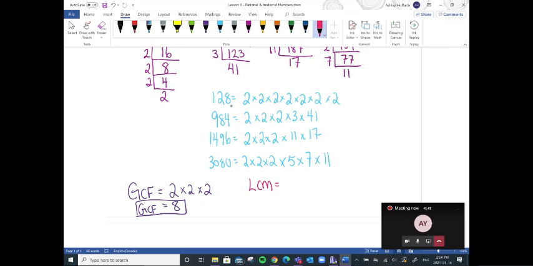So all 7 of these 2's is going to be part of the LCM. It doesn't matter if I start with all the 7 2's, I could choose to start with everything from 984, or everything here or everything here. You're going to get the same answer in the end.